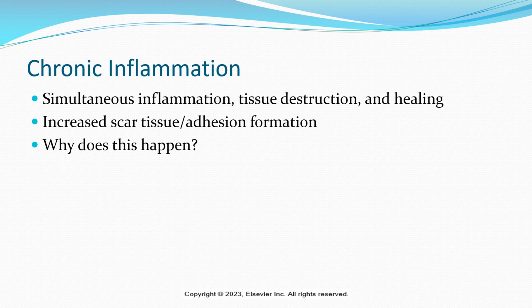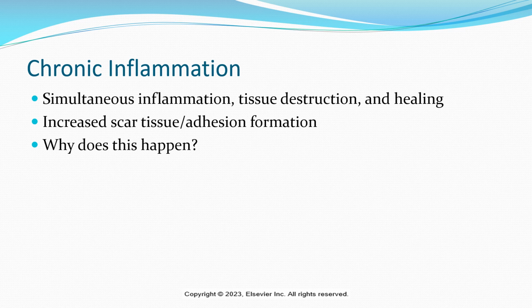So let's look at chronic inflammation. We've talked a lot about this acute phase of inflammation and acute injuries and things like that. But what happens whenever somebody is facing chronic inflammation or they have some kind of chronic issue? They may not present with the same exact signs and symptoms that we looked at earlier.